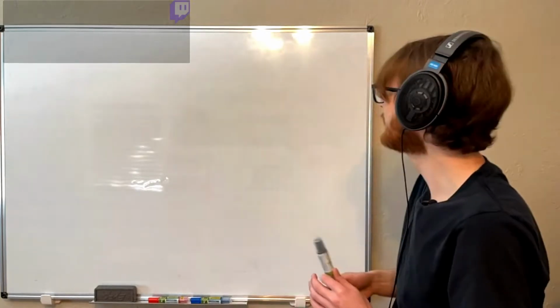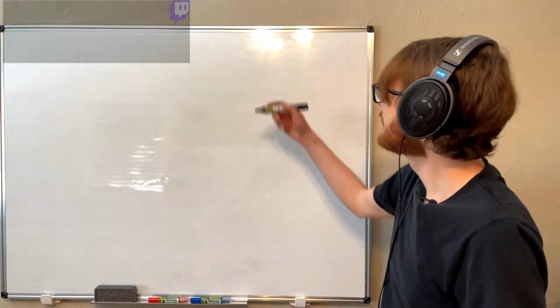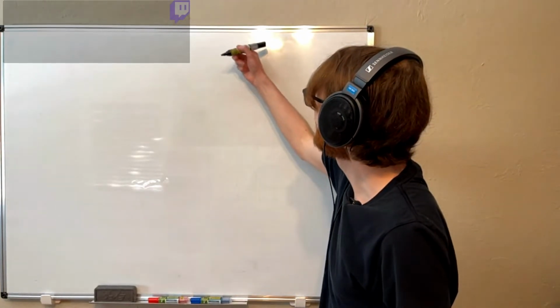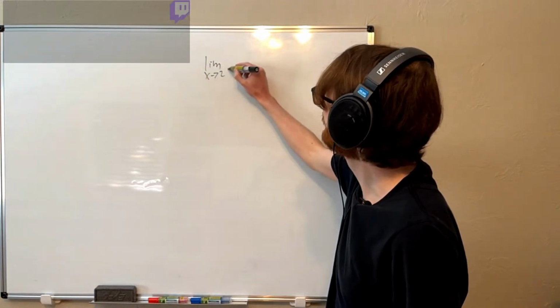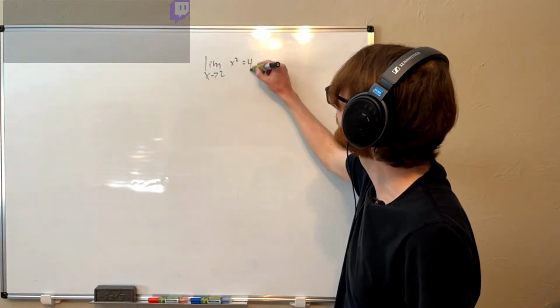Oh, I caught it. Okay, so the limit as x goes to 2 of x squared is equal to 4.